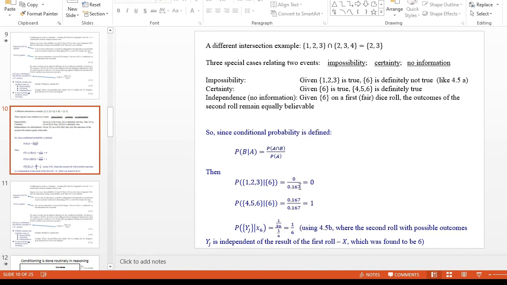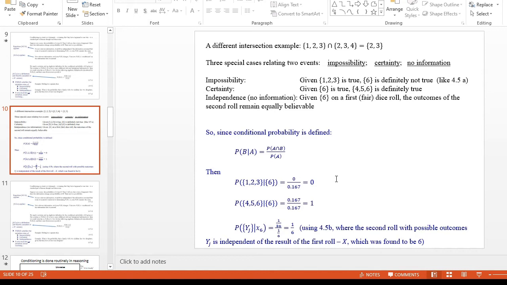The probability of the denominator, in this case rolling a 6, is something. The probability of rolling a 1, 2, 3, given that you rolled a 6, is of course 0, simply because the intersection was empty.